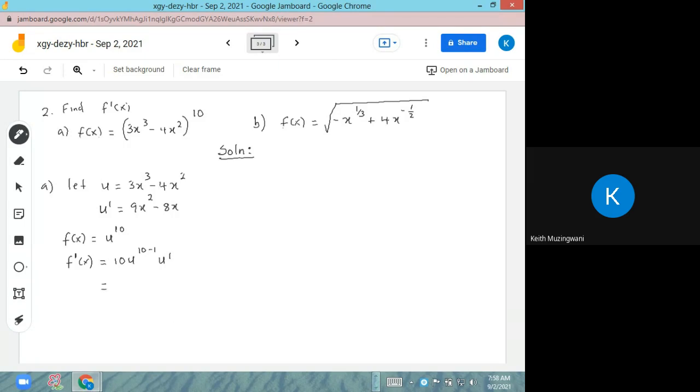Then now we substitute what u is. So we have 10, u is 3x to the power 3 minus 4x squared, to the power 10 minus 1 which is 9, and then multiplied by u prime, 9x squared minus 8x.